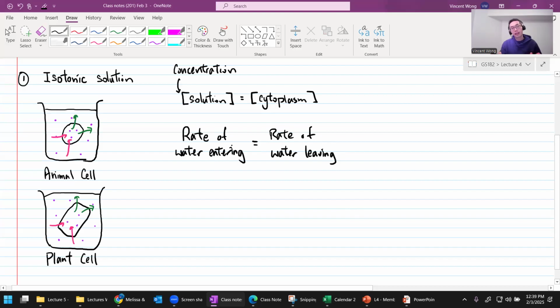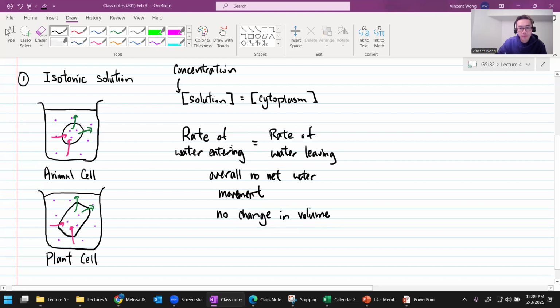It's not that there is no water movement, it's just that they cancel each other. So overall, no net water movement, and no change in cell volume.